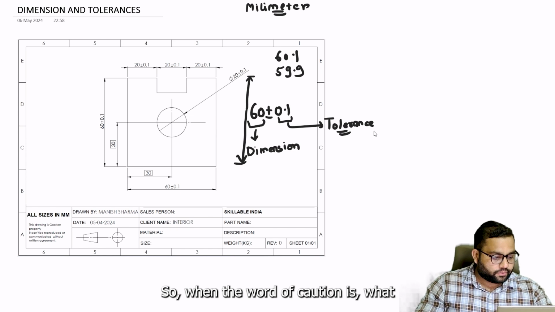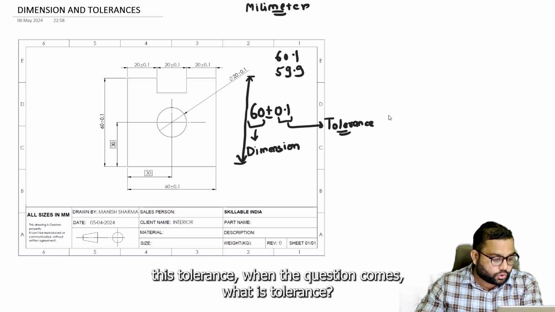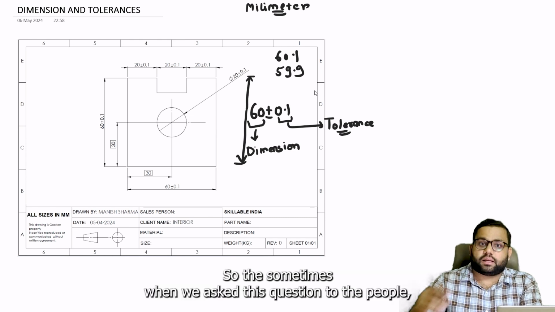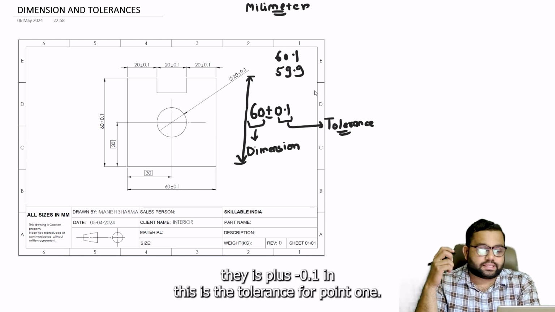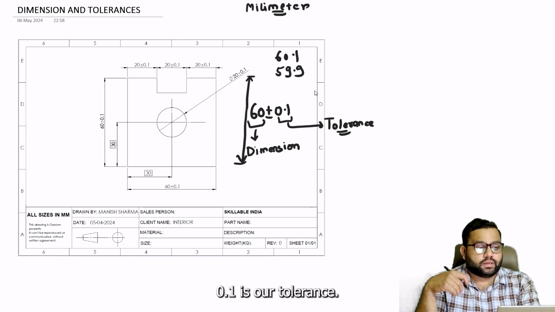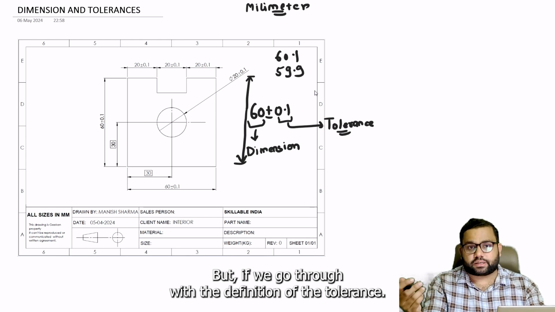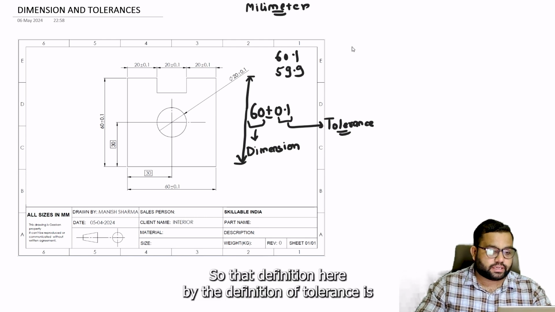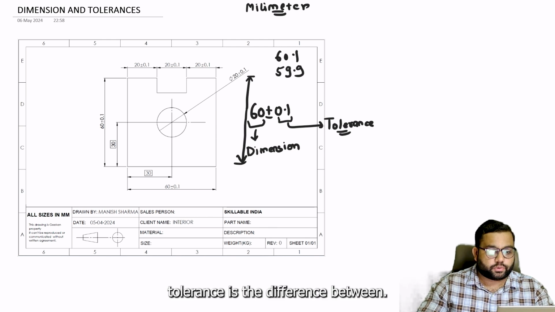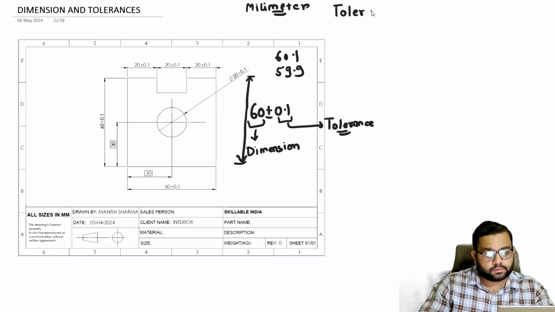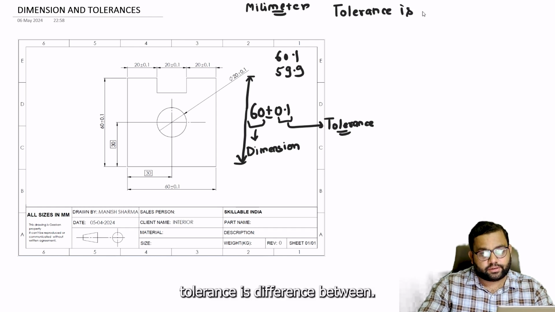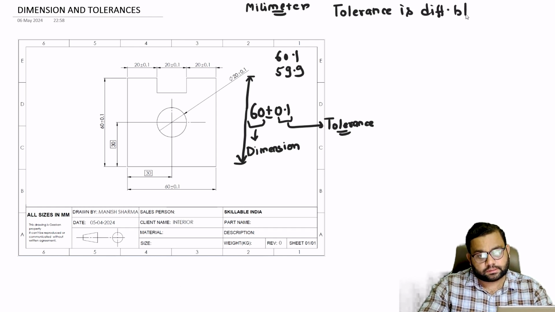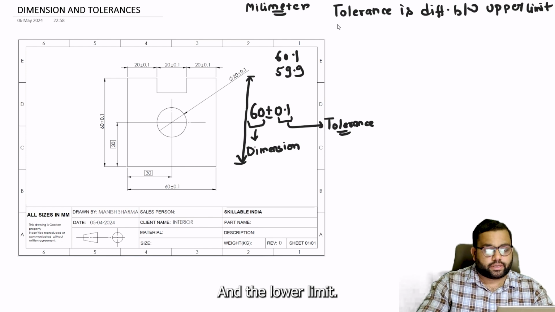When the question comes, what is tolerance, sometimes when we ask this question to people, they say plus minus 0.1 is the tolerance, or 0.1 is the tolerance. But if we go with the definition, tolerance is the difference between the upper limit and the lower limit.